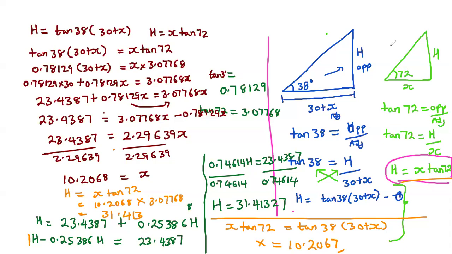How did you get the other side? I used the sine rule. You state for me the sine rule. It is a out of sine of A is equal to b out of sine of B is equal to c out of sine of C. Okay, which triangle did you look at?